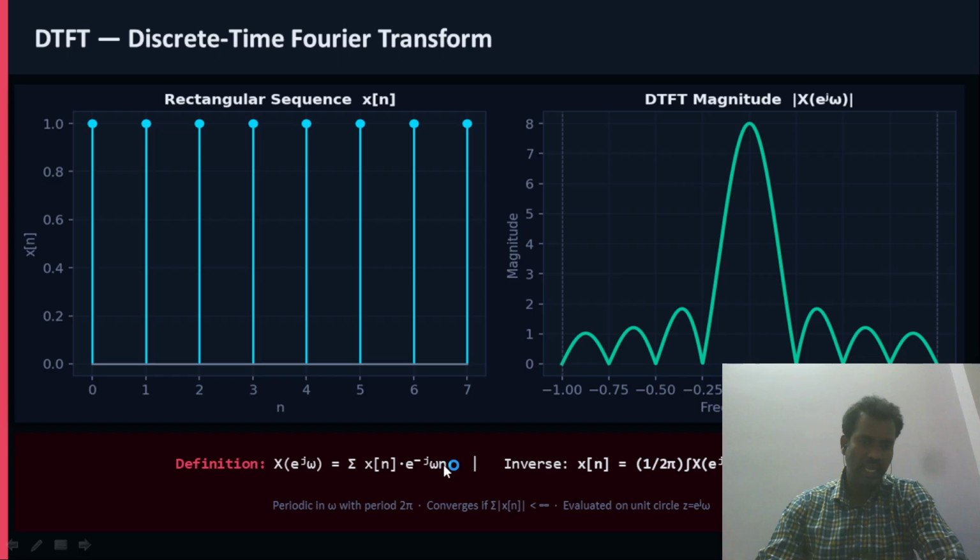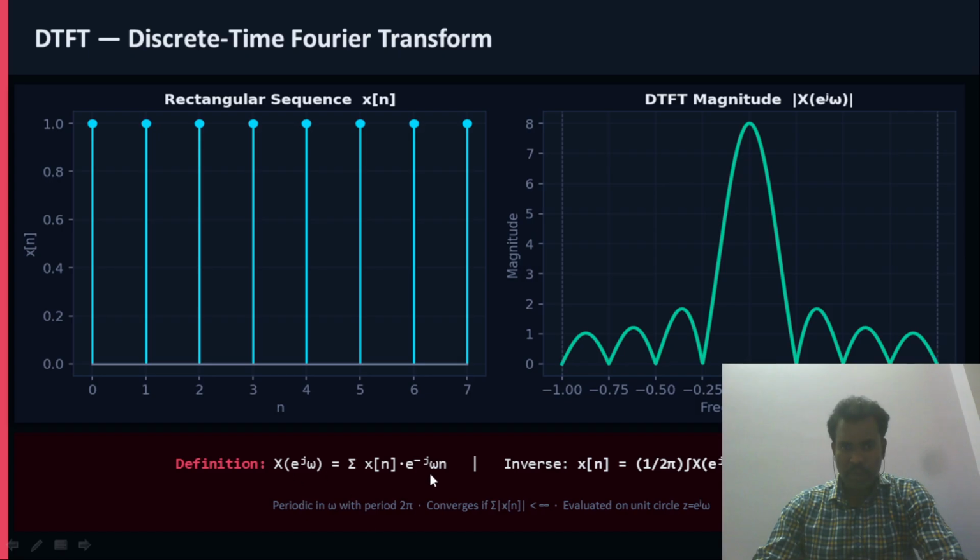E power j omega n is discrete, but for different values of n we'll get e power minus j omega, e power minus j2 omega, e power minus j3 omega. It is continuous with respect to omega. For any value of n, e power j omega is continuous with respect to frequency. So the frequency spectrum of a discrete time signal is continuous in frequency.